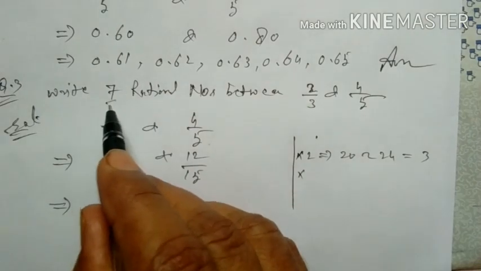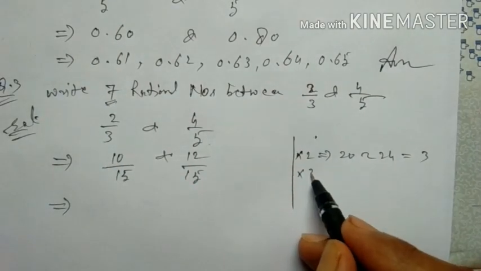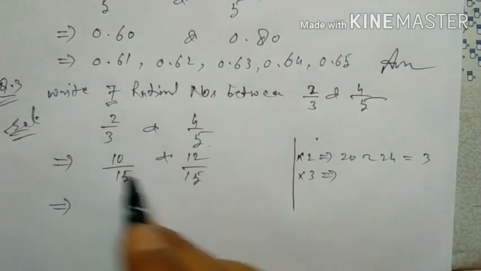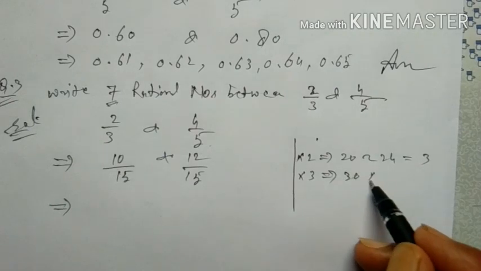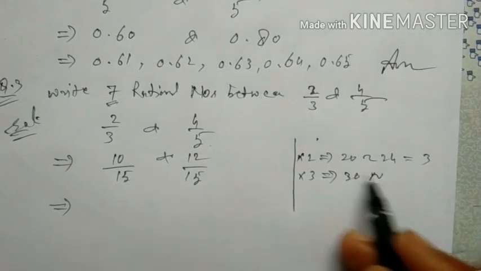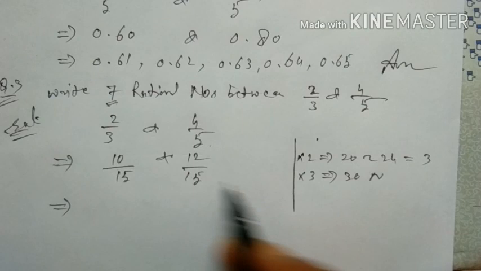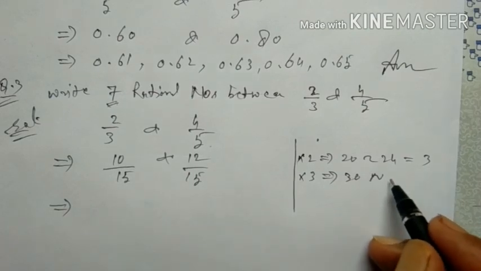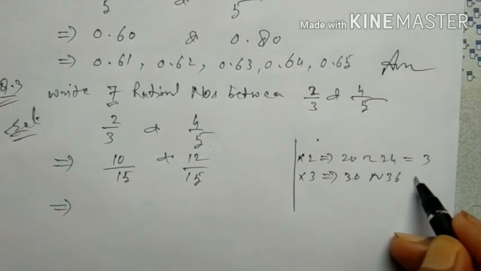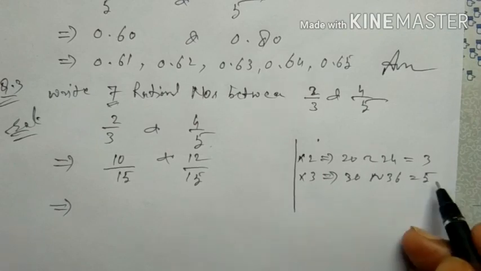Our aim is to find 7 rational numbers, so check by 3: 10 3s are 30 and 12 3s are 36, it will be 5 numbers.